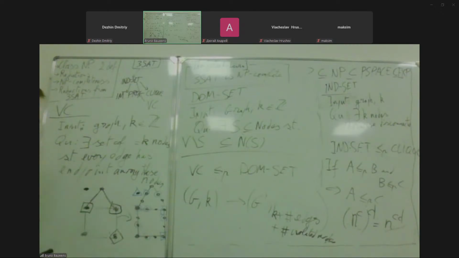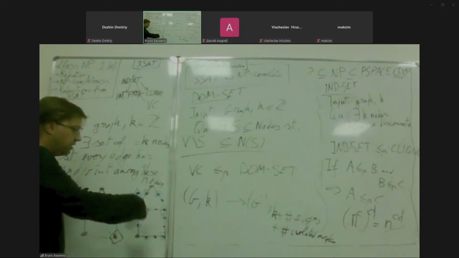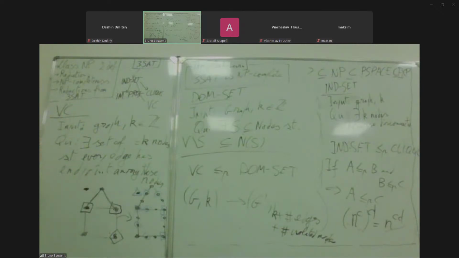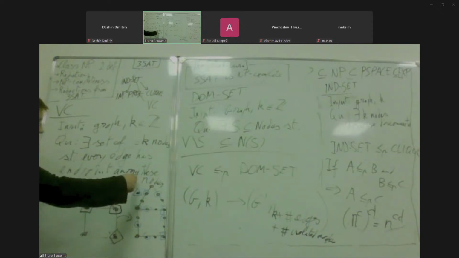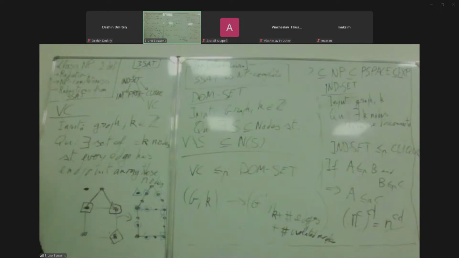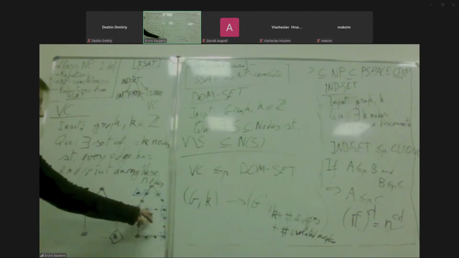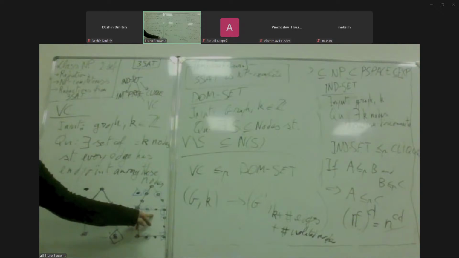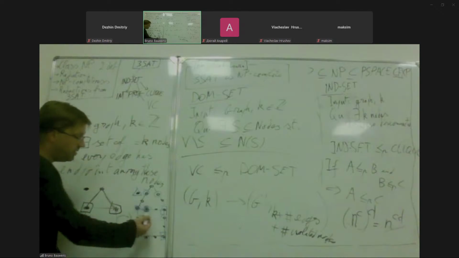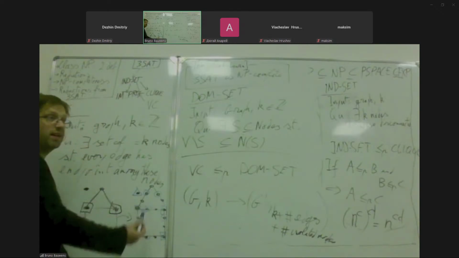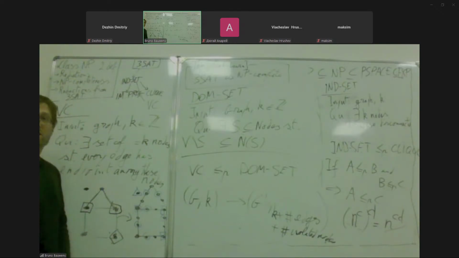Now vice versa, if we have a dominating set of this size, then we have a vertex cover. Note that here we are using a certain structure, and in the dominating set, we can enforce this structure. What is the main structure here? On each edge, there are two internal nodes, and at most one of them is selected.